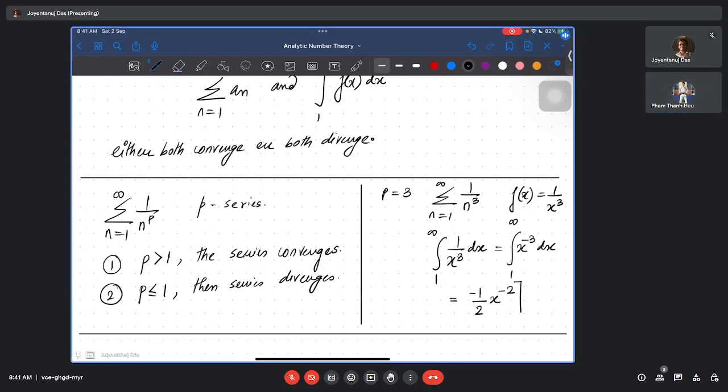Now we have to apply the limits, from 1 to infinity. At infinity it is 0, because it is 1 over x square.